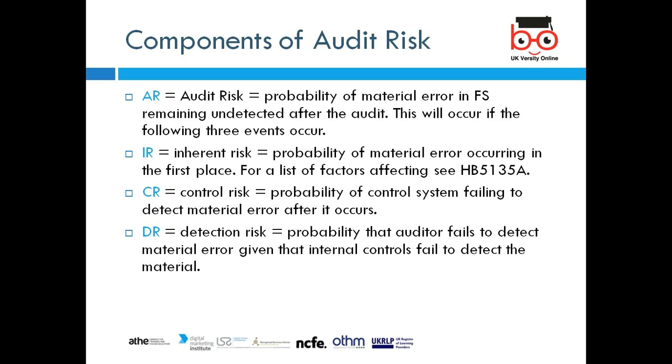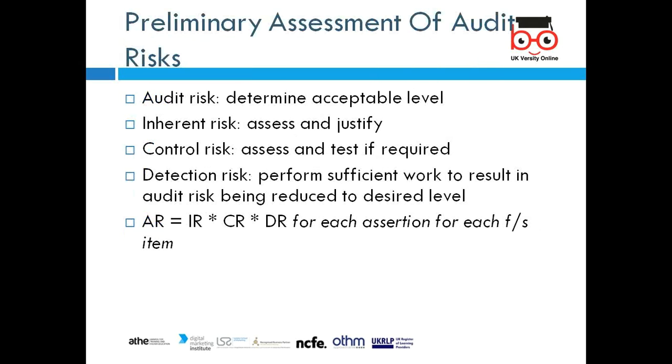Detection risk: the probability that the auditor fails to detect. So we need to reduce that risk. We should detect it, given that internal control fails. These are all the risks that come in. Audit risk: determine the acceptable level. Inherent risk: assess and justify. Control risk: assess and test.